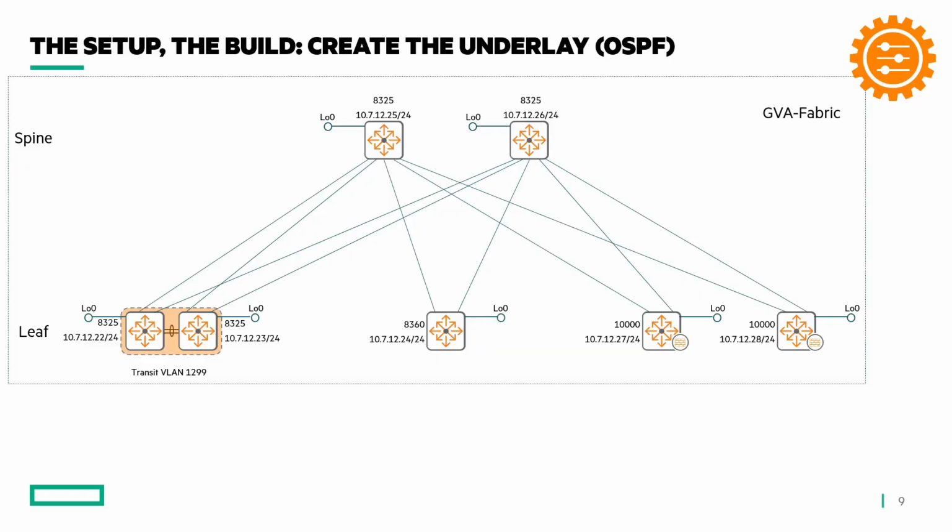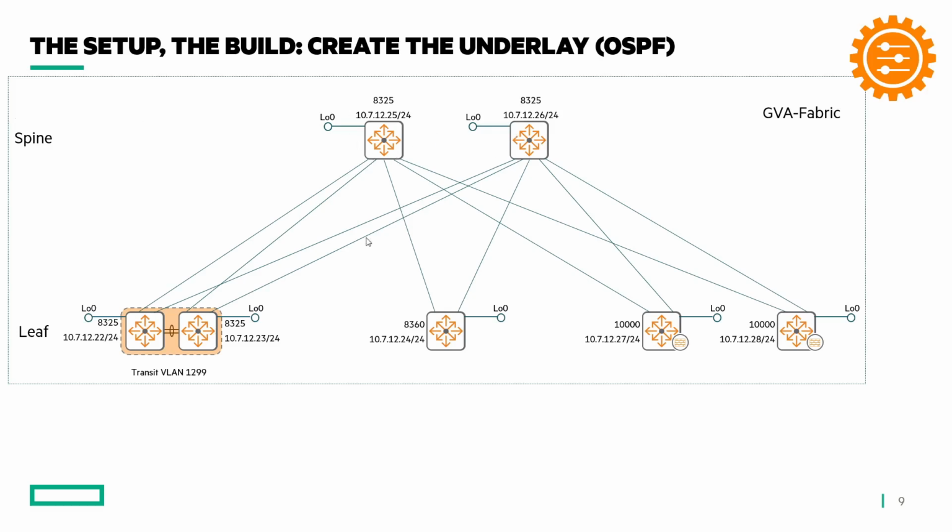In order to create that EVPN VXLAN, we need to have this control plane established. So what I'll do first is create the underlay, the OSPF underlay. What we'll be doing is that AFC will provision loopback IP addresses to all the switches.